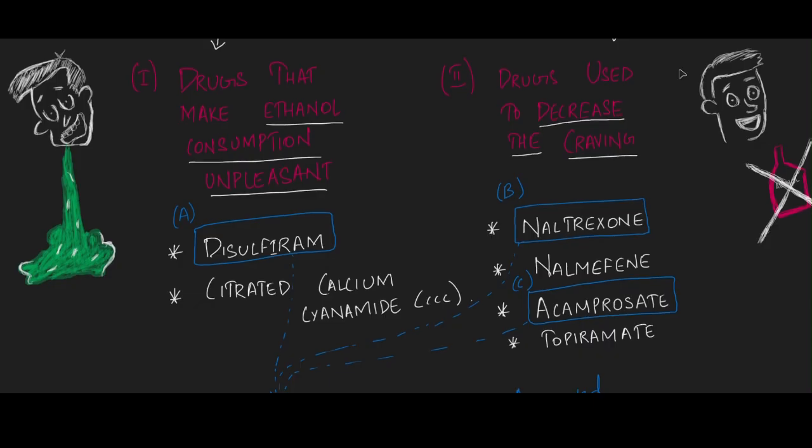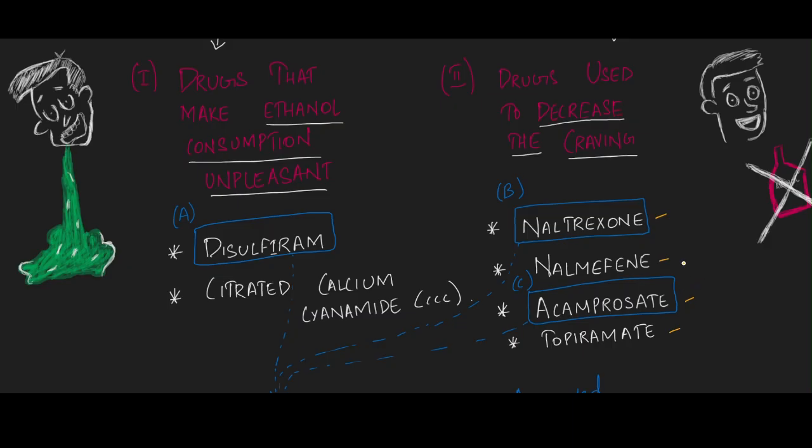Under the first category, we have two drugs: Disulfiram and citrated calcium cyanamide. Coming to the second category, the drugs used to decrease the cravings, you have three drugs: Naltrexone, nalmefene, Acamprosate and topiramate.